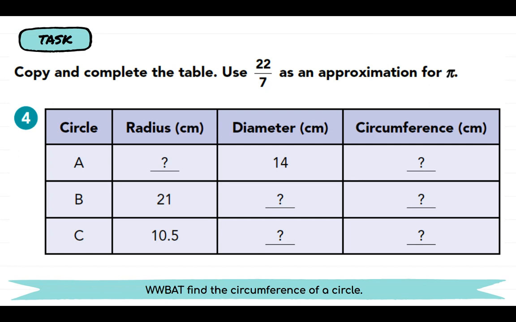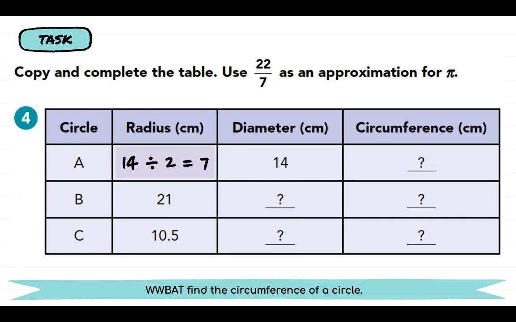So let's look at this task. I'm going to do number 1 for you. It says complete the table, use 22/7 as an approximation for pi. For circle A, we don't know the radius. We know the diameter is 14 centimeters. We do not know the circumference. What I know about the radius is that it is half of the diameter, so I can divide the diameter by 2 to get the radius.